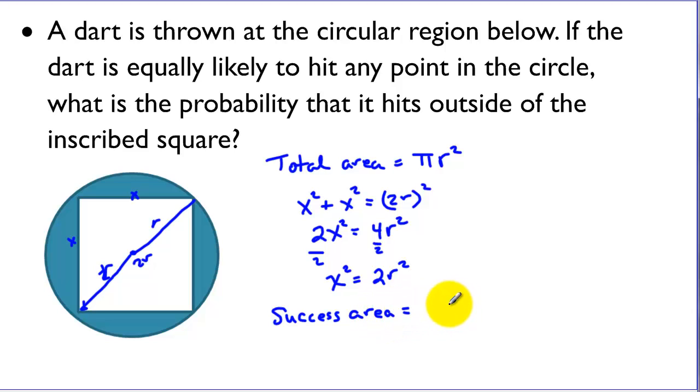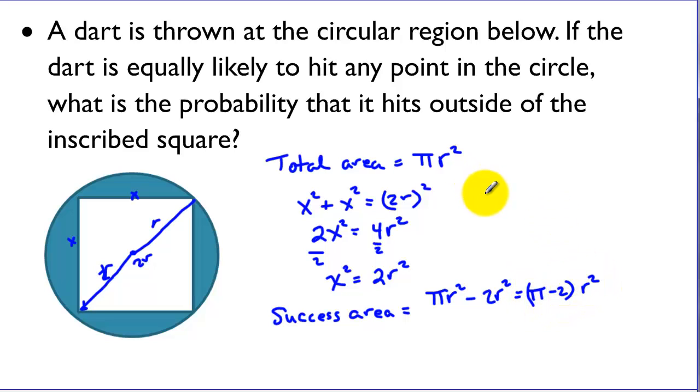Now our success area is the area of the circle, which is pi r squared, minus the area of the square, the cutout, the white. So that was 2r squared. So we get pi minus 2, factoring out an r squared.